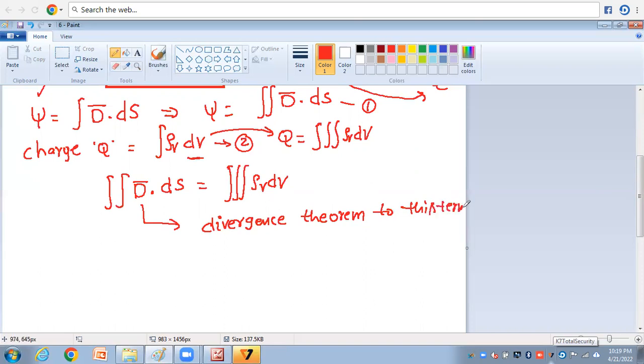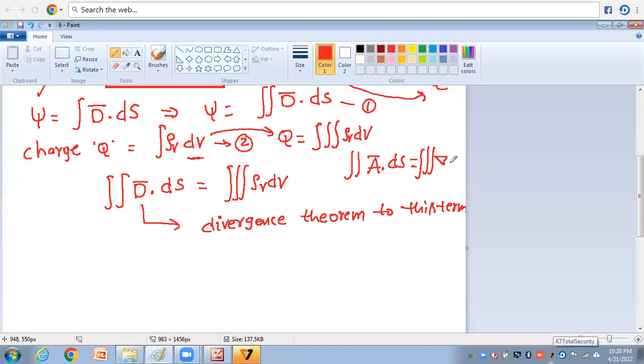We have already studied the divergence theorem. Taking A bar dot dS, while applying the divergence theorem, we may write the triple integral of del dot A bar with respect to dv.